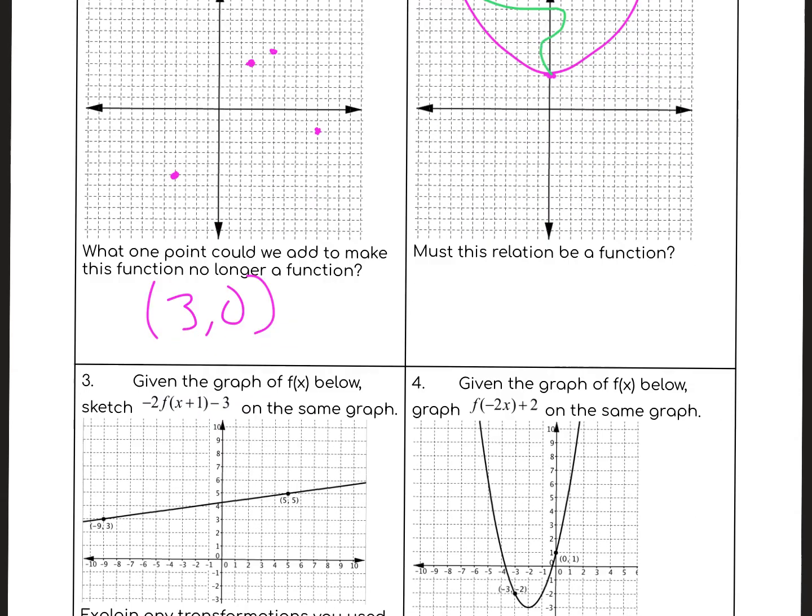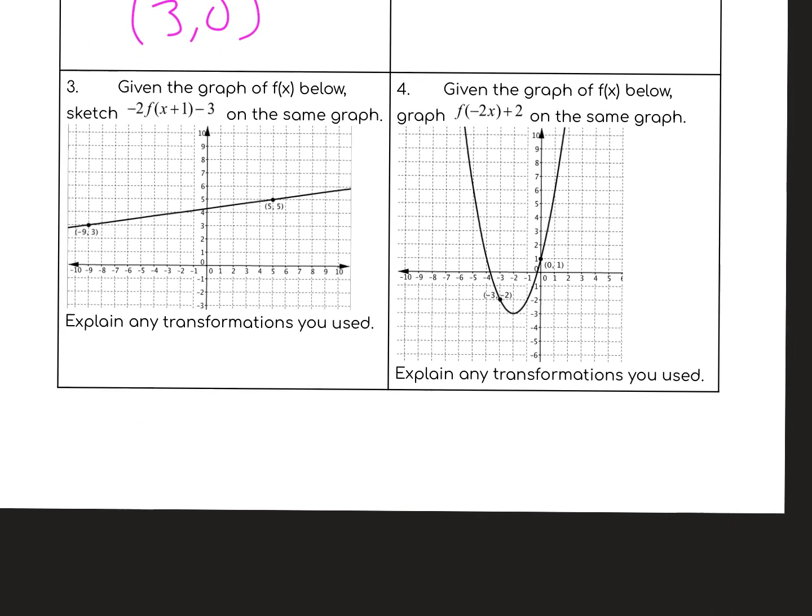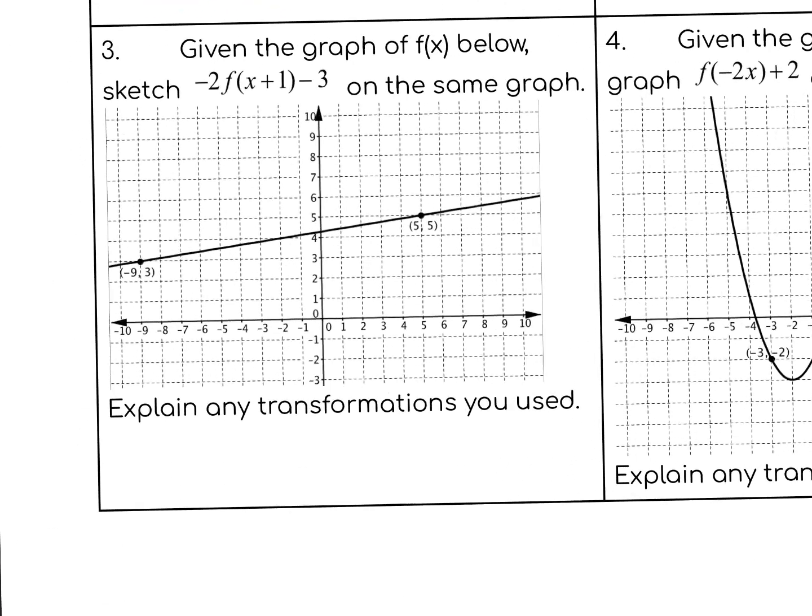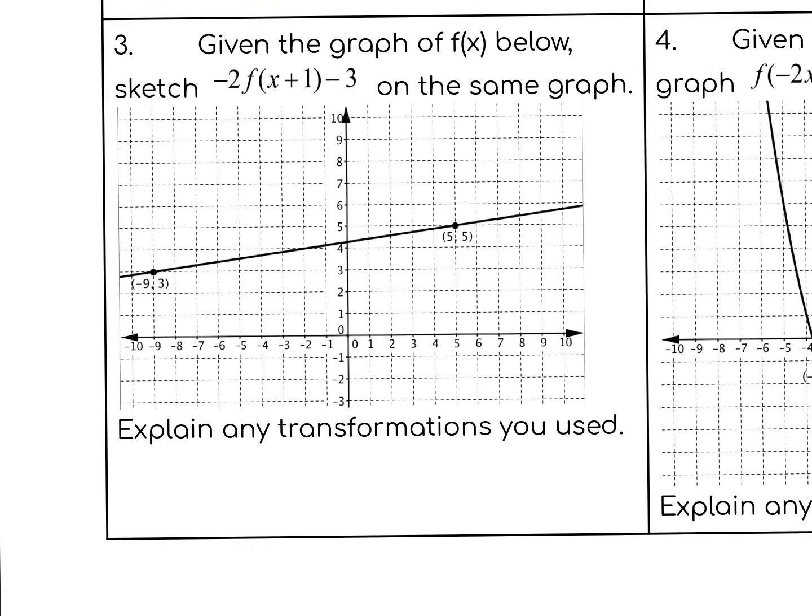But it is possible. Given the graph of f of x below, sketch that on the same graph. Alright, for this one, let's make it bigger. So that's multiply y by -2, then subtract 3.